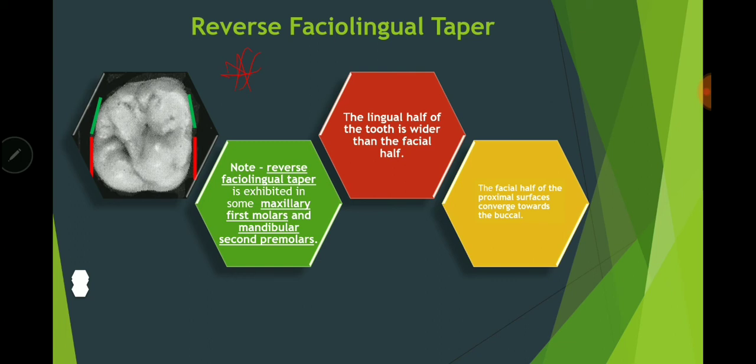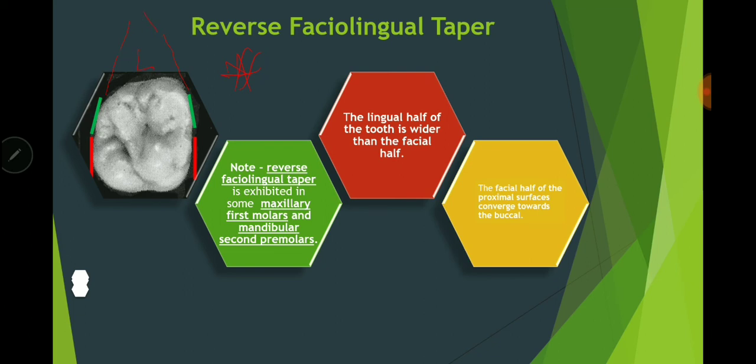The lingual half of the tooth is wider than the facial half, and the facial half of the proximal surface converges towards the buccal. These are represented by the green line. The green goes with the green here, and the red goes with the red. If you extend the green lines, they're going to meet somewhere. Okay, they're going to converge.